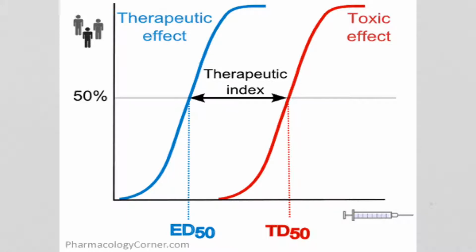Clearly, the closer the blue and the red are together, the more likely poisoning is to occur. The lower the therapeutic index, the more monitoring and difficulty there might be to titrate or balance the correct dose. The further apart the blue and red are, the more likely the drug is to be safer for longer.